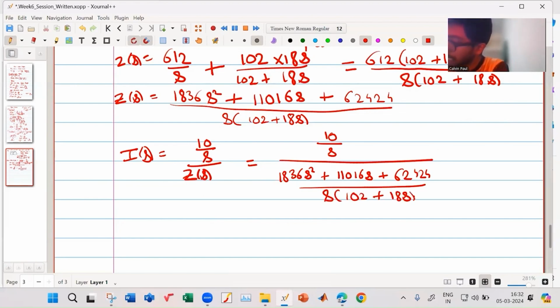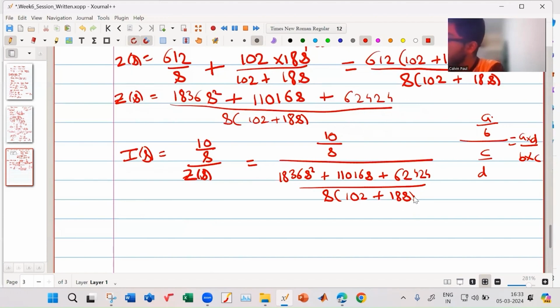Now there is a property for when these are fractional elements. Suppose there is A upon B divided by C upon D. This can be written as A into D divided by B into C. The numerator remains at the numerator, while the denominator of the bottom one comes to the top, and its numerator comes to the bottom.